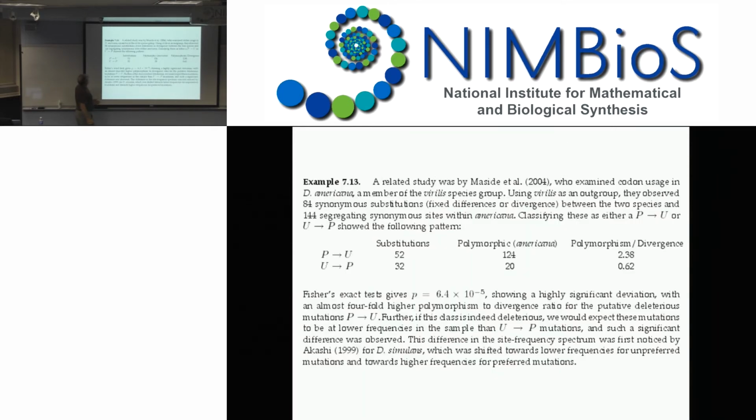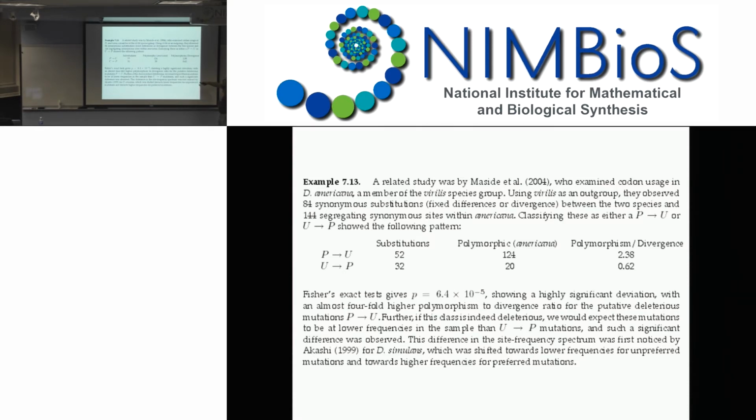It's effectively neutral. Another way to look at that, so this is one of Brian Charlesworth's students. He looked at Drosophila americana and Drosophila virilis, and they observed 84 synonymous substitutions between the two species, and they classified sites as either preferred going to unpreferred, again based upon codon usage frequency, and likewise looked at unpreferred going to preferred.